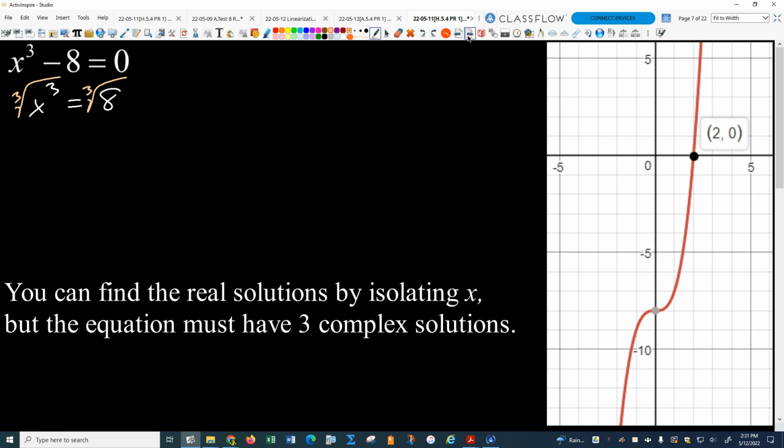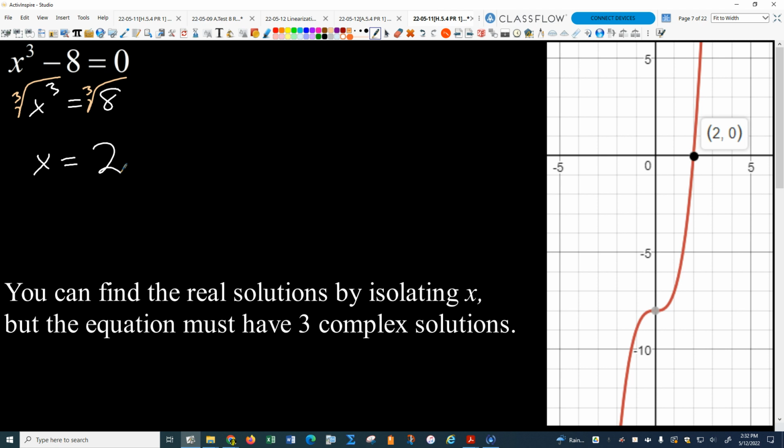I only end up getting one solution out of this. x is equal to, what is the cube root of 8? 2. Because 2 cubed is equal to 8, right? Negative 2 cubed is not equal to 8. So I can't include the negative, it's incorrect. Okay, that's good. I got a solution, but what's the problem with that?